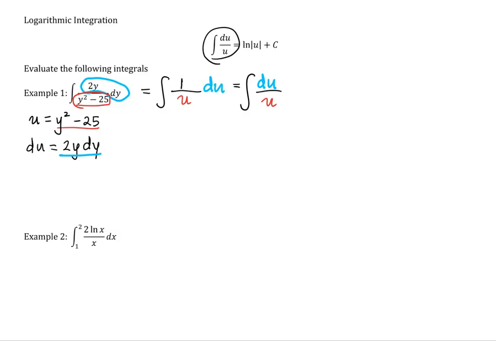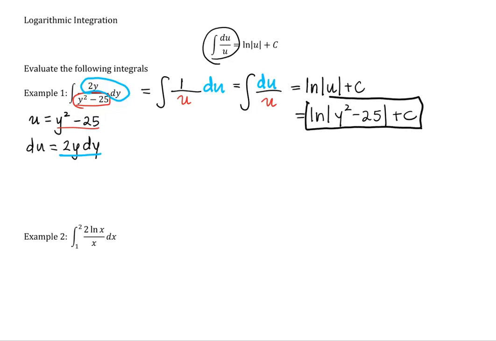And then very conveniently here, we have the exact formula of what the integral of du over u is. And this is equal to natural log of the absolute value of u plus c. Then we're going to sub back in what u is and get natural log of the absolute value of y squared minus 25 plus c. And that is our final answer.